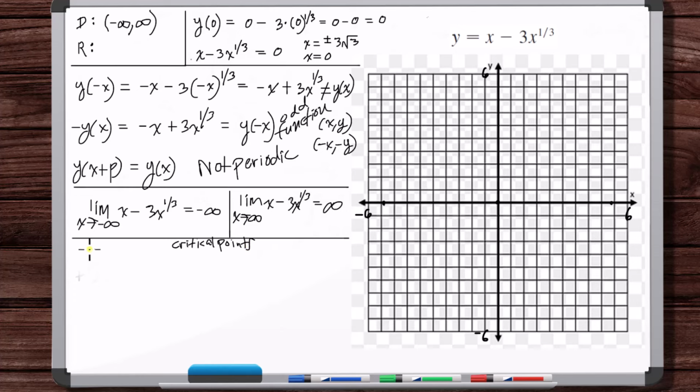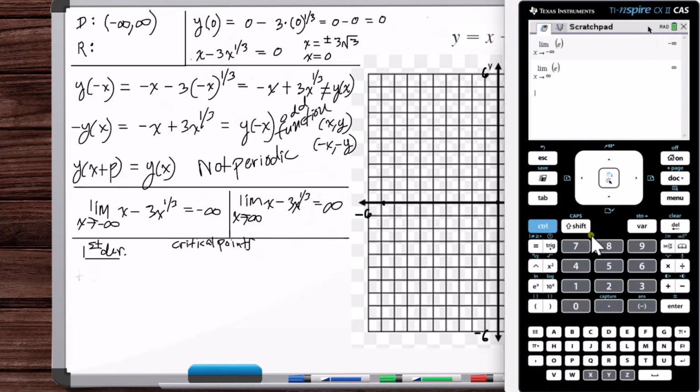Starting with the first derivative. We want to take the derivative of the function. Now we see that at x equal to 0, the derivative doesn't exist.